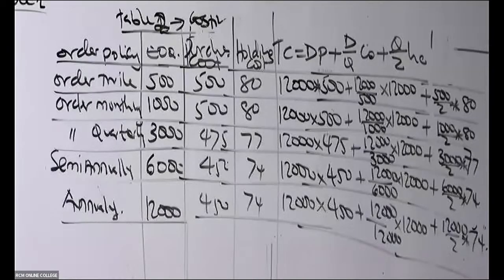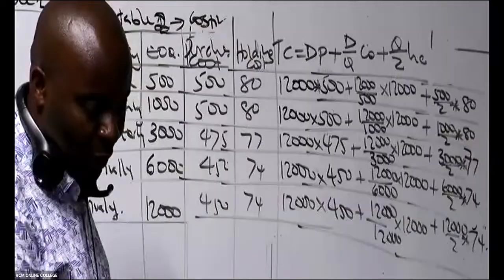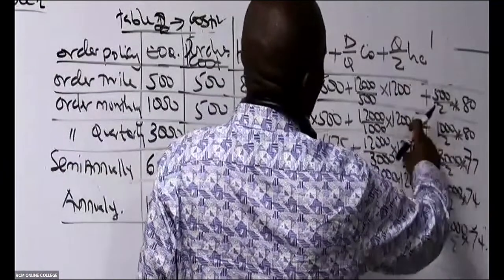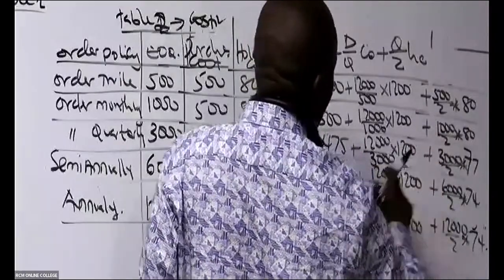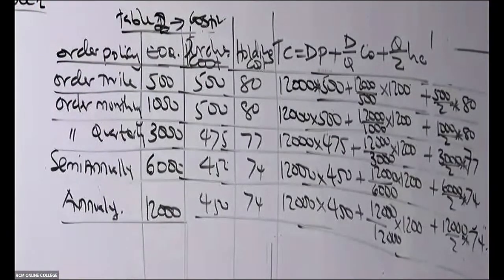I think there is an error somewhere. It is 1,200, not 12K. Thank you so much. For our future generations, we shall have correct answers.